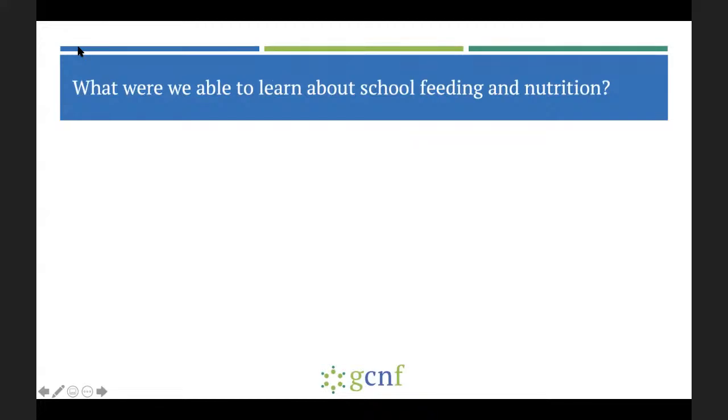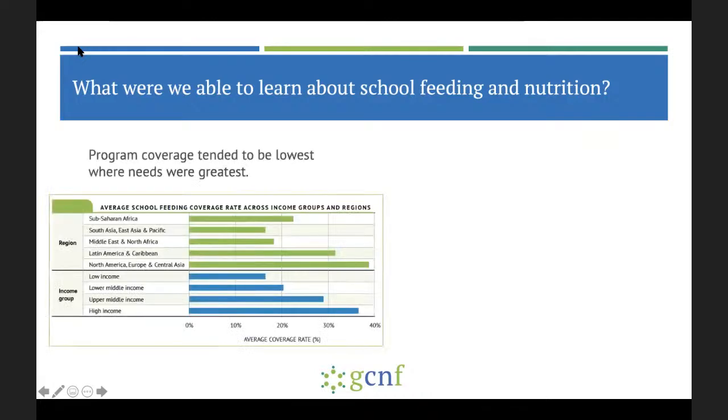Now, from the 2019 Global Survey of School Meal Programs, what were we ultimately able to learn about school feeding and nutrition? First of all, we were able to document the manner in which program coverage tends to be lowest where needs are greatest. So if you look at this figure in the bottom panel with the blue bars, this shows that lower income countries tend to have lower average school feeding coverage rates relative to higher income countries.